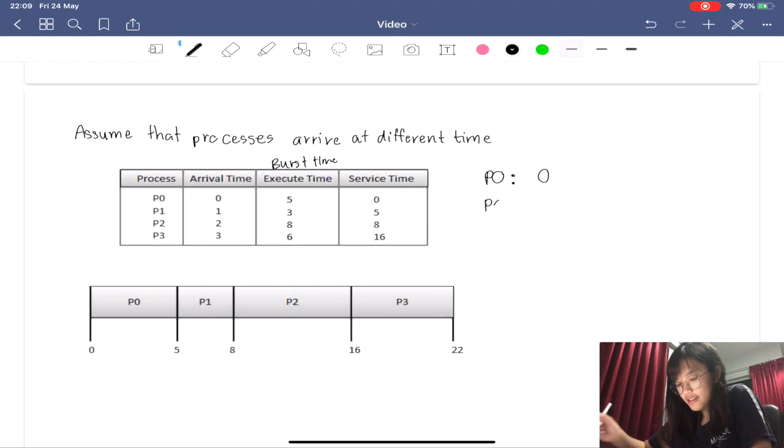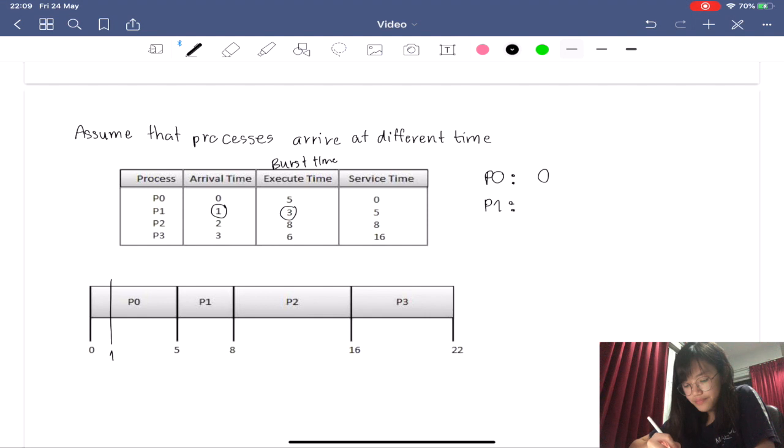And P1 arrived at 1, and the execute time is 3, as you can see from the Gantt chart. This one is the time that P1 arrived. You can calculate it by 5 minus 1, right?